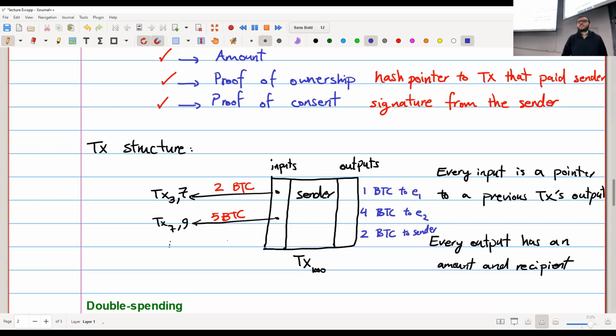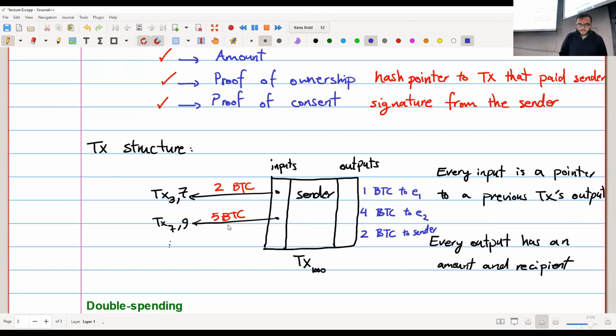I can have a transaction that pays myself. And this is useful because maybe I had an output here which was large. So let's say I've been paid 5 Bitcoins at some point, and I want to pay someone else a much smaller amount. I can just pay that smaller amount to them, and then I can create another output that repays the rest of the money to me.